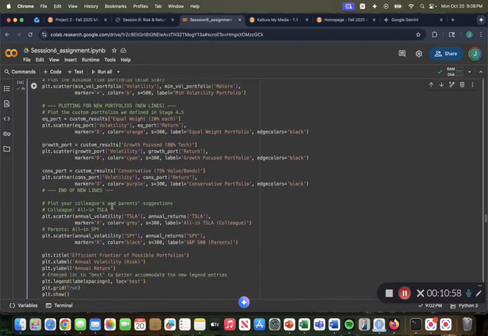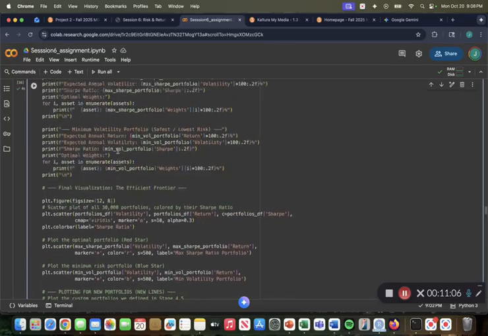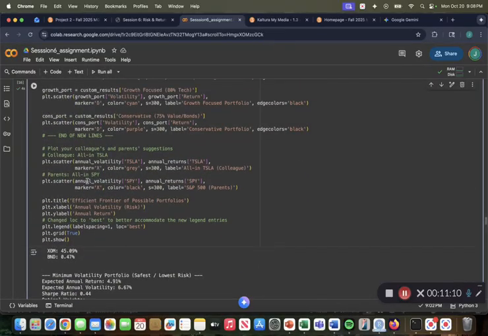As well as plotting the custom portfolios, the tech savvy one, the conservative, and the equal weights as well. And then down here, also the all-in on the S&P 500, the benchmark, and all-in on Tesla, which is another thing that we wanted to consider per the description of this problem.